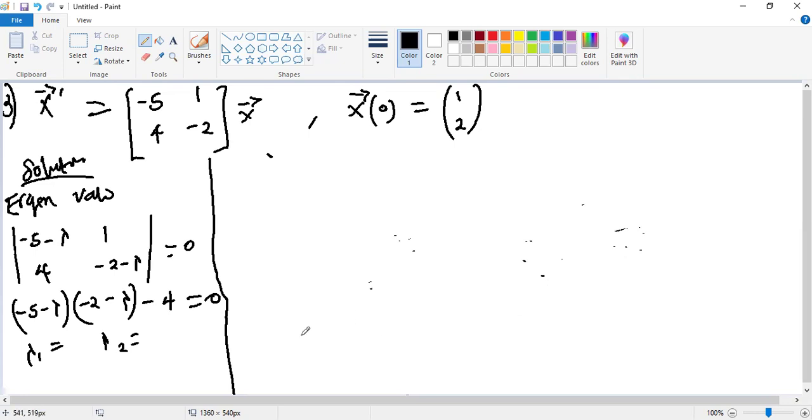Let me allow you to unmute so that you're able to tell me the answers very fast for the eigenvalues. You can unmute if you already have the answer. You tell us the answer for the eigenvalues.